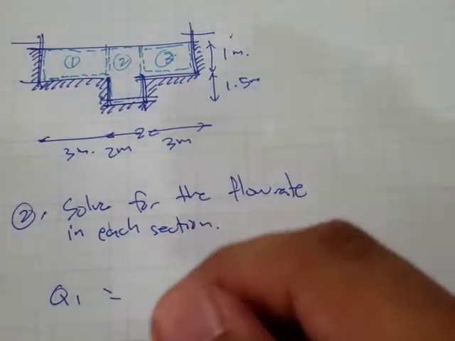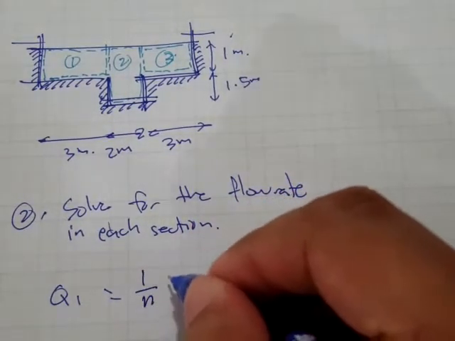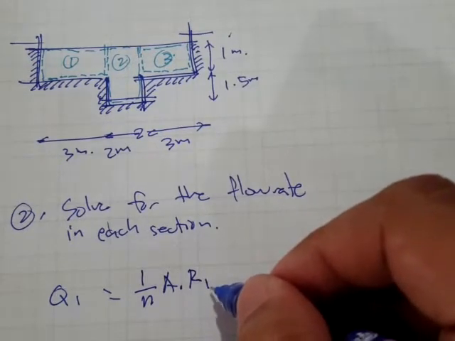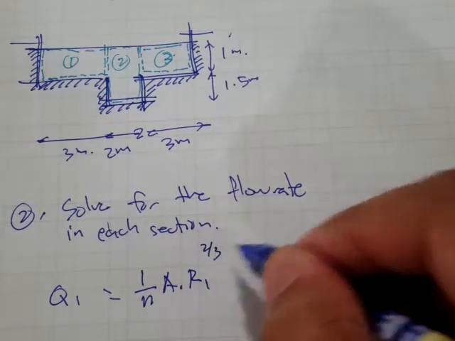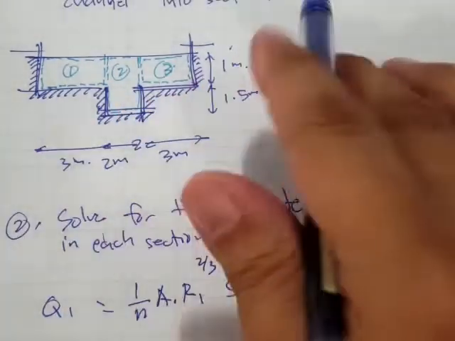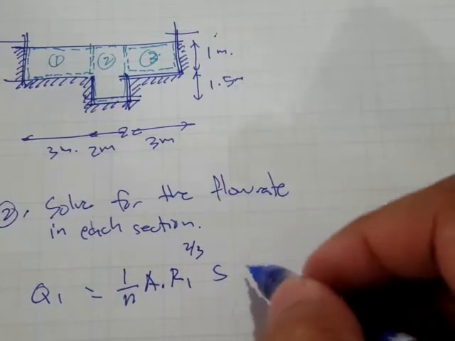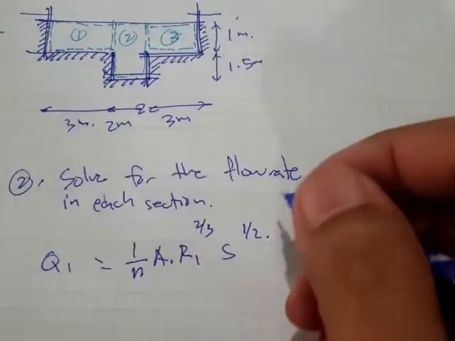So Q sub 1 is equal to 1 over n, A sub 1, the hydraulic radius of section 1 raised to 2/3, then the bed slope, since it is the same in every section, S raised to 1/2.